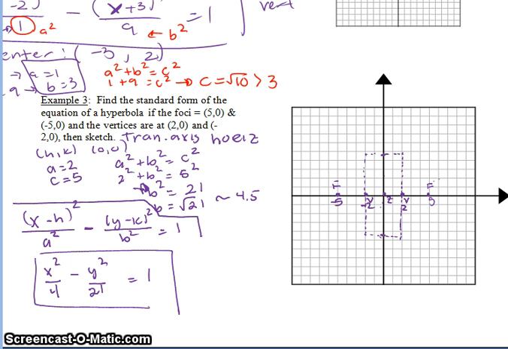Once you draw in your box, now we can use the corner of your rectangle in order to draw in the asymptotes. So your asymptotes go through the center and through the corner of your box. You should of course use a straight edge for that. And then for the last step, we're able to draw in the two branches of your hyperbola that approach your asymptotes and go through the vertex.